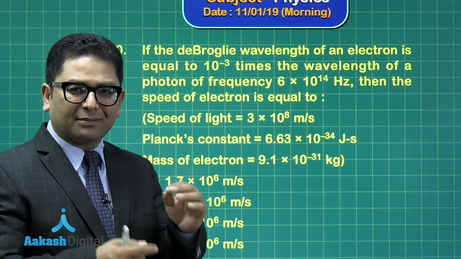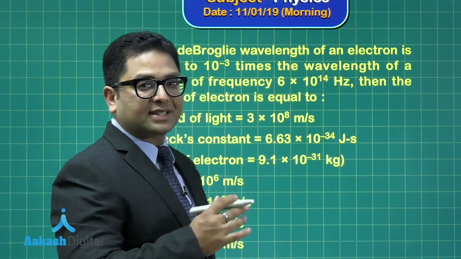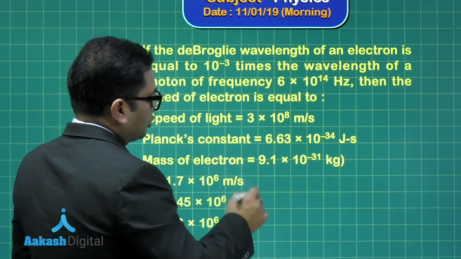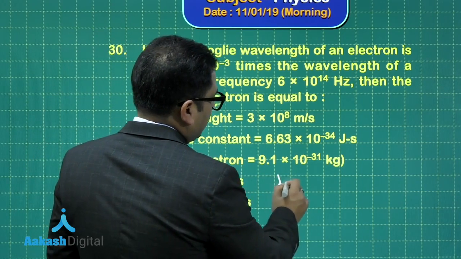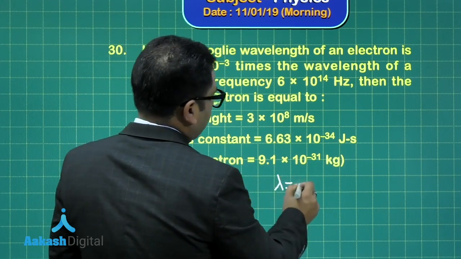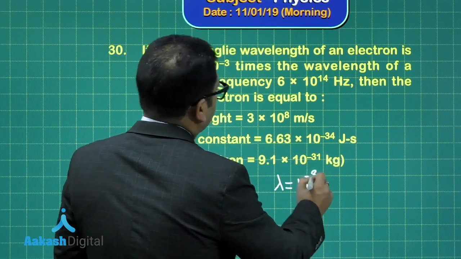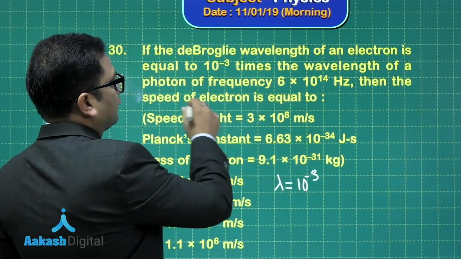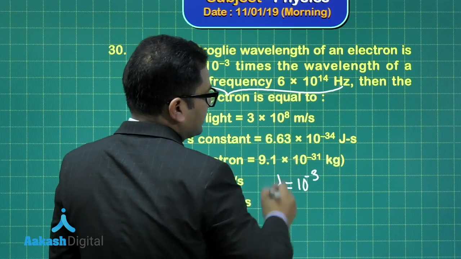A bit twisted, but very minute. So say the de Broglie wavelength, if I call that lambda, is 10 raised to the power minus 3 times the wavelength of a photon whose frequency is this much.